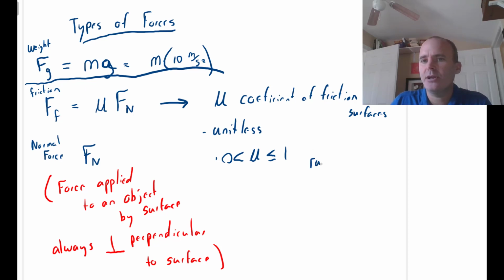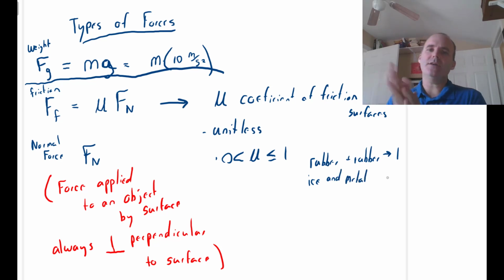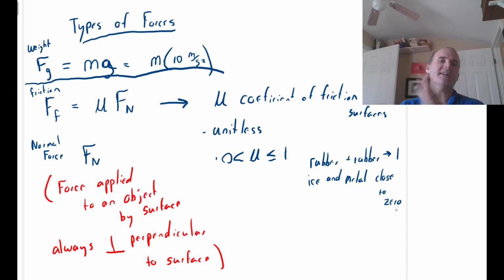So if we had something like rubber with the two surfaces, rubber and rubber, we're looking at something that is close to 1. If we're looking at, let's say, ice and metal, those things slide over each other pretty well. So we're looking at something that is close to 0. It won't be absolutely 0 because that would mean it was frictionless, but it's almost frictionless.